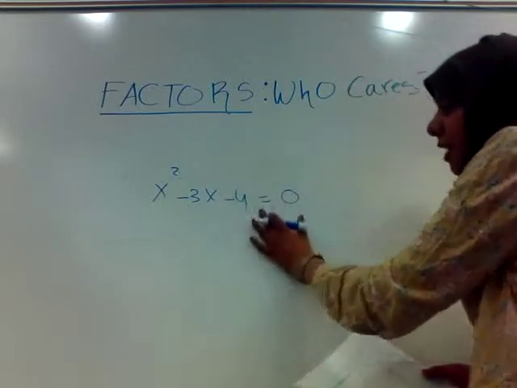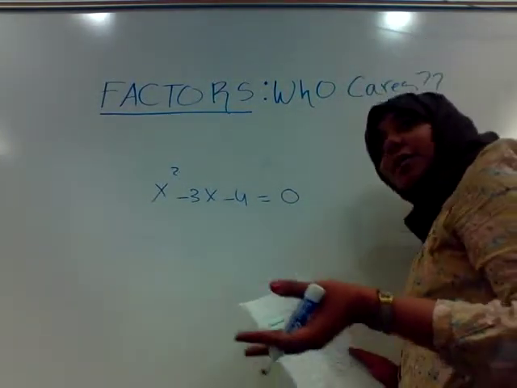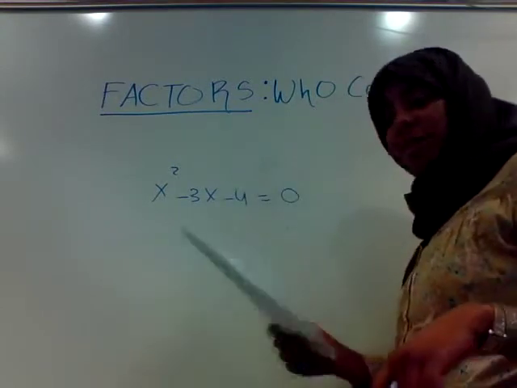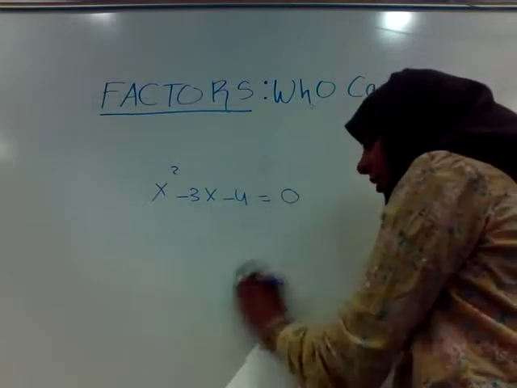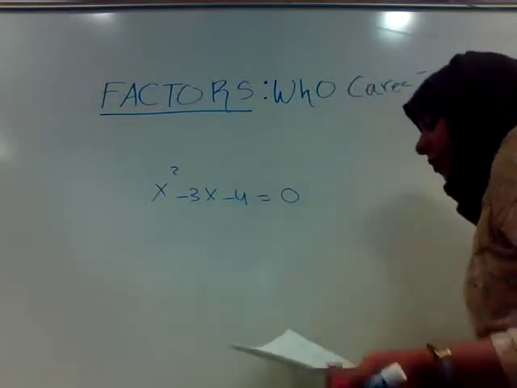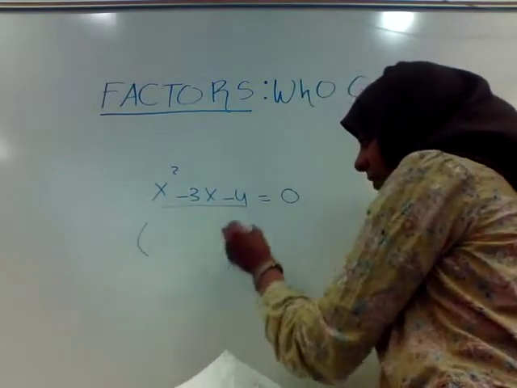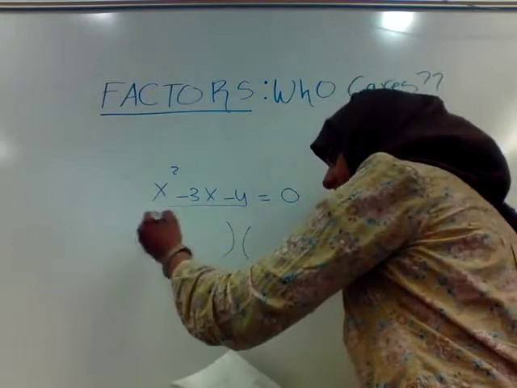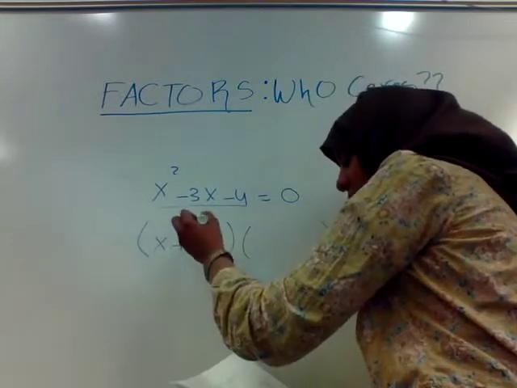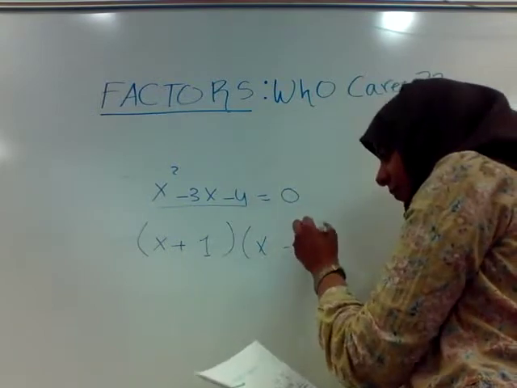And this is a trinomial example, as you just heard Audrey explain, but in this example, I will find the final answer for it. By factoring this equation, we are going to have two parentheses that have inside x plus 1 and x minus 4.